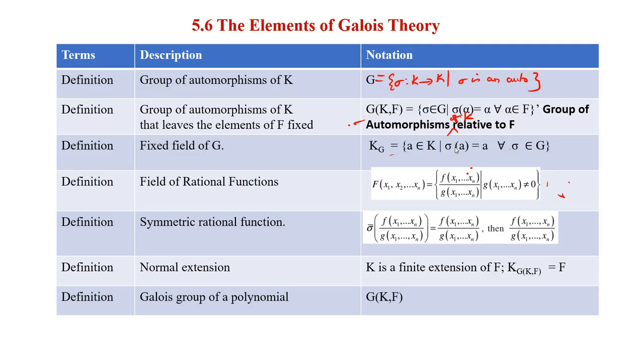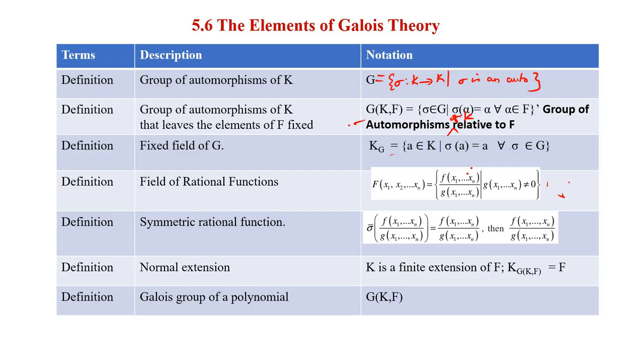See, it may look that both of them are the same. They are not the same. Here, of the mappings, you collect only the mappings which leave the base field elements fixed. Here you collect only scalars which are left fixed by all the automorphisms of K. So it is the scalars which are left as such by all the automorphisms.